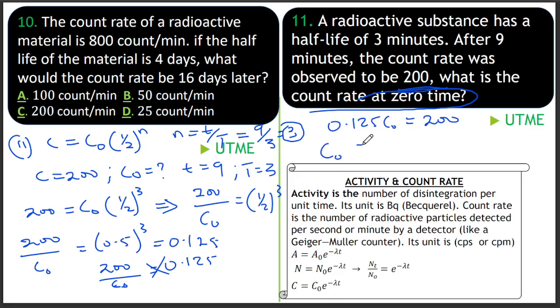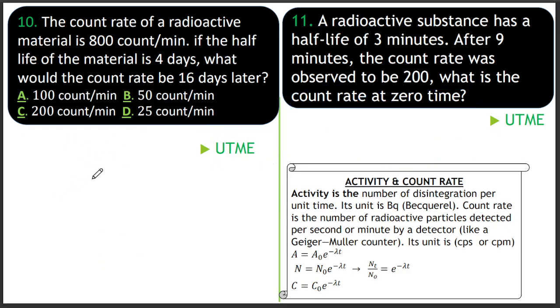Therefore, C naught is equal to 200 divided by 0.125. And this is going to give you 1,600, which should be the initial count rate. Is that okay? Okay, so that's the formula method. Let's use the arrow method.